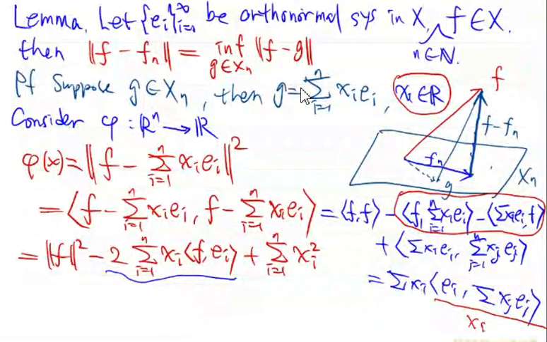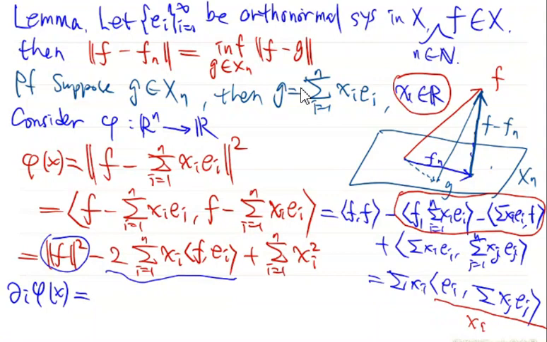So let's go back to our estimate of phi(x). Phi(x) equals the norm of f squared, subtract twice the sum, plus the sum of xi squared. Then we see that the partial derivative of phi(x) is: the first term has nothing to do with xi, therefore it is 0.